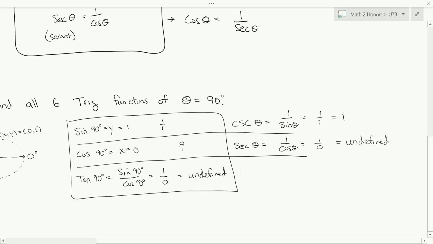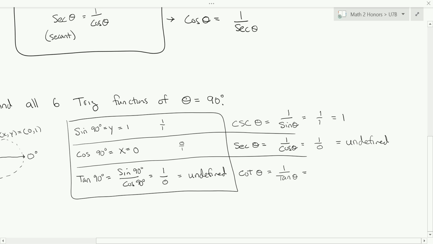And then the cotangent of 90 degrees, I should be writing 90 degrees, I'm writing theta here, is going to be 1 over the tangent. So we have undefined, but go a step before that and you see the fraction, 1 over 0, right?